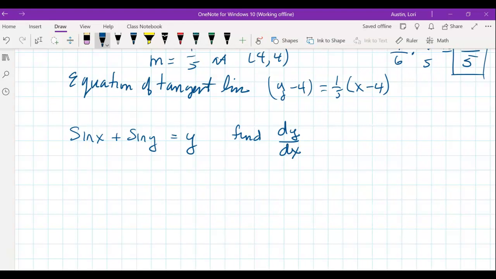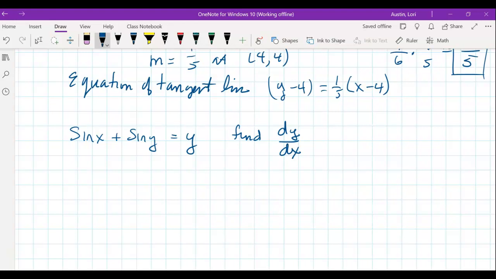The one I just gave you was a lot, I know that. It had a lot of algebra. Some of them won't. It's also kind of fun to play with some of these graphs to see what sine x plus sine y equals y looks like, and then you can do the graph, and that can help you in some ways too.